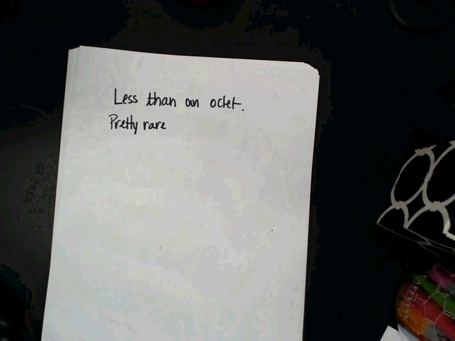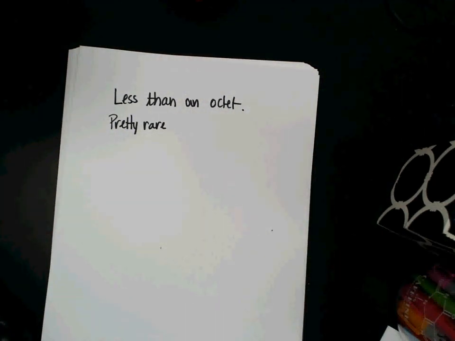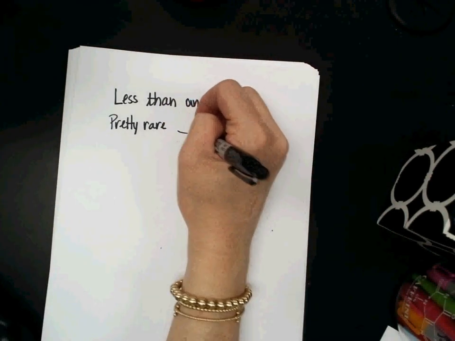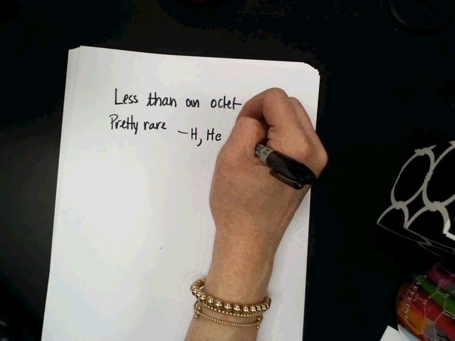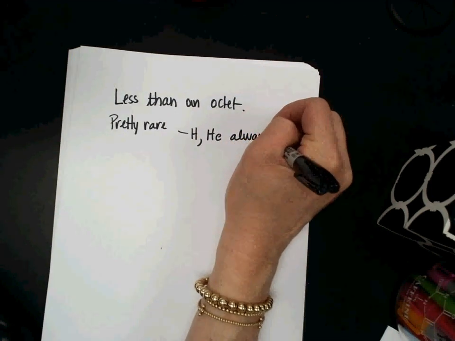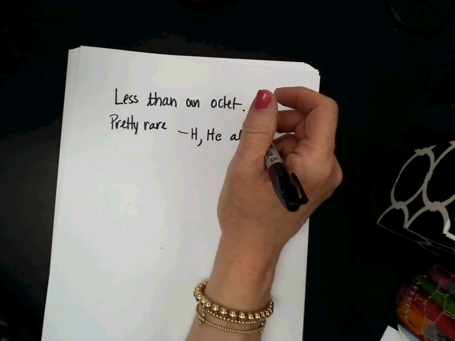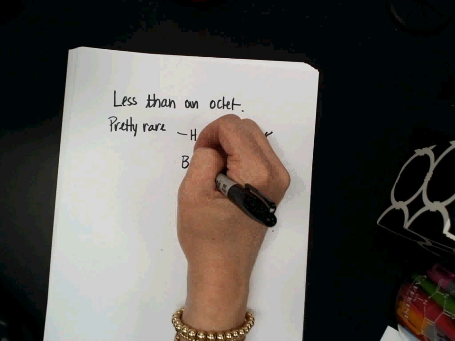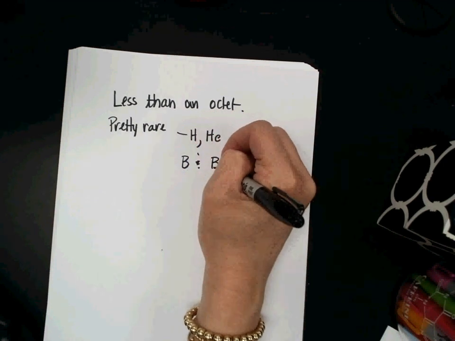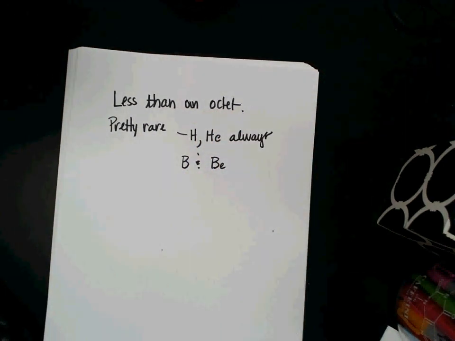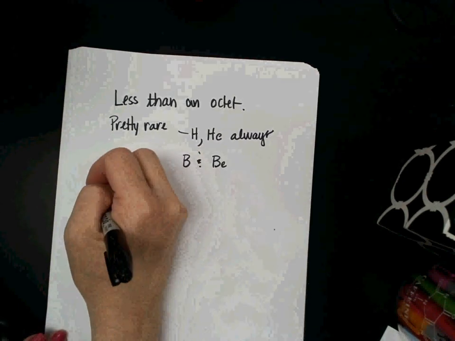This is pretty rare. More rare than the expansion. What two always have less than an octet? Yep. H and He always. We also oftentimes see boron and beryllium.